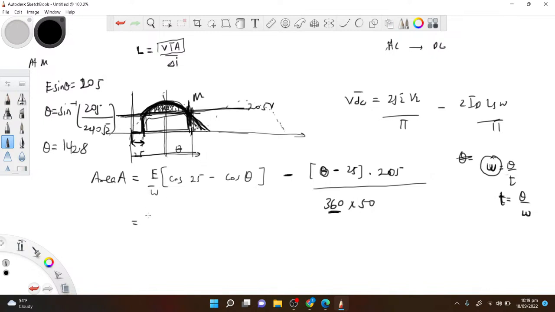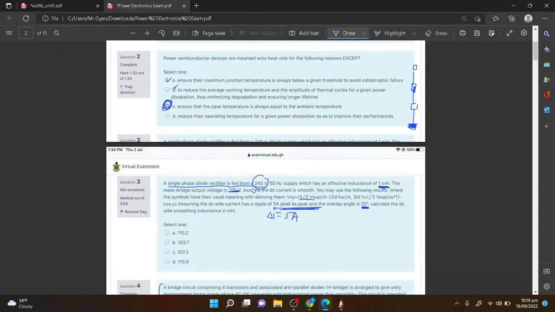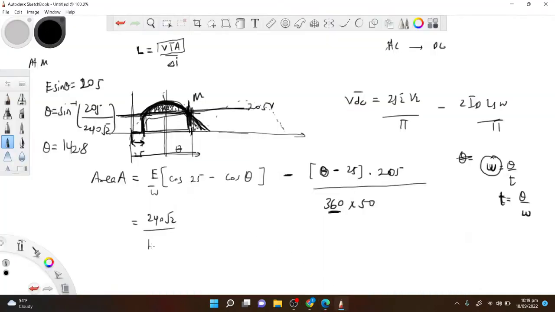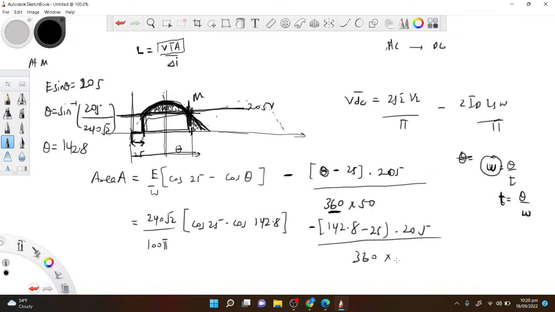Now I'm doing E, which is 240 root 2, over omega. Omega is 2 pi f, and f is 50, so 100 pi. Multiplying by cos 25 minus cos 142.8, minus the fraction: 142.8 minus 25 times 205 over 360 times 50. Take your time.